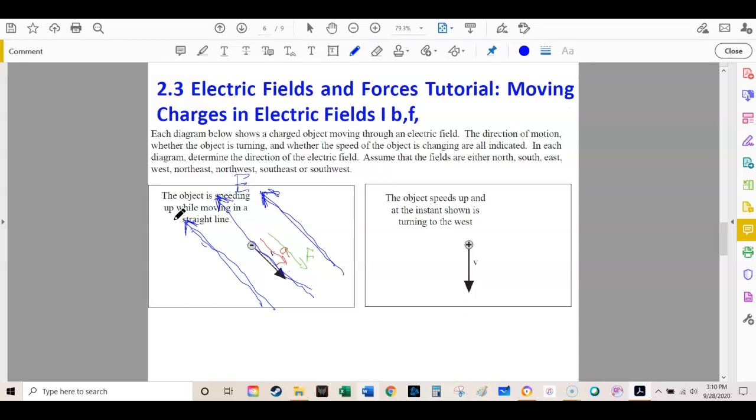So how I do this is I read the description and I define speeding up, slowing down, and constant velocity.